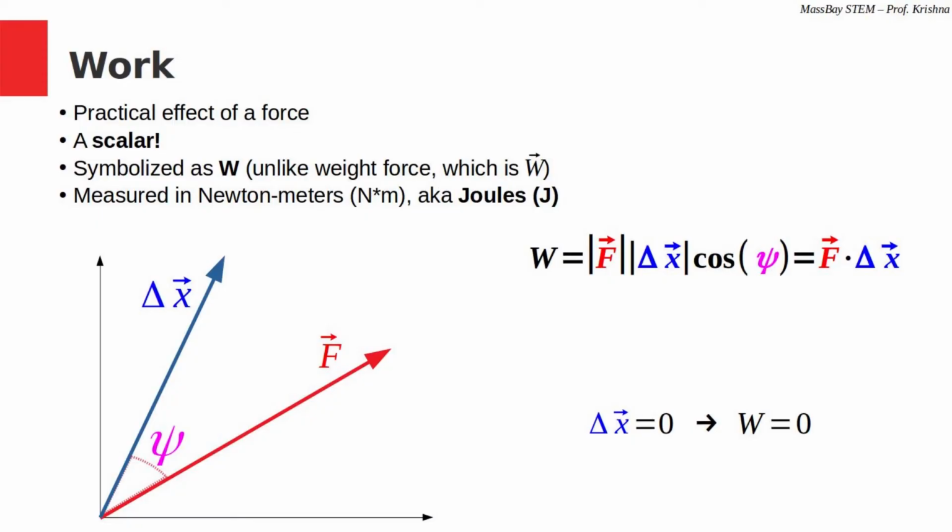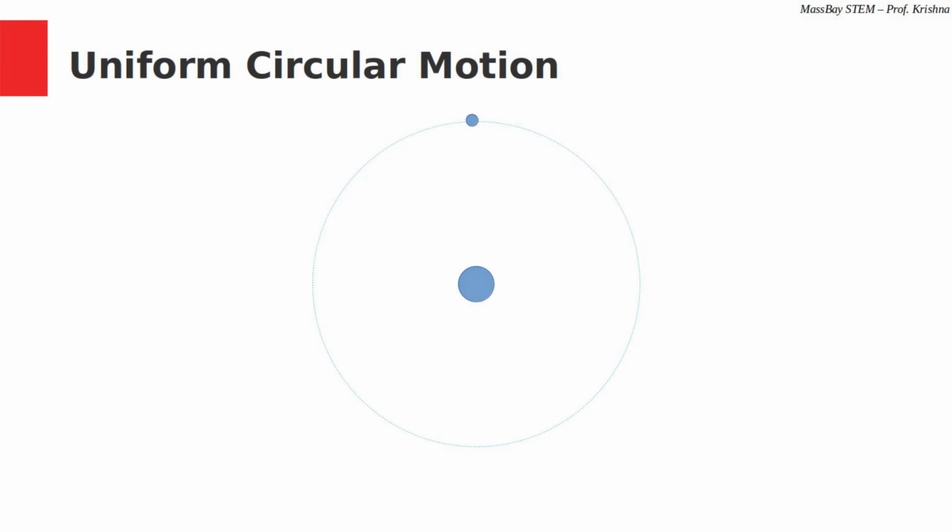When an object moves horizontally, gravity does no work on it. More generally, whenever the angle between the force vector and the displacement vector is 90 degrees, the cosine works out to 0, so the work is also 0. A surprising place where we see this effect is in uniform circular motion.